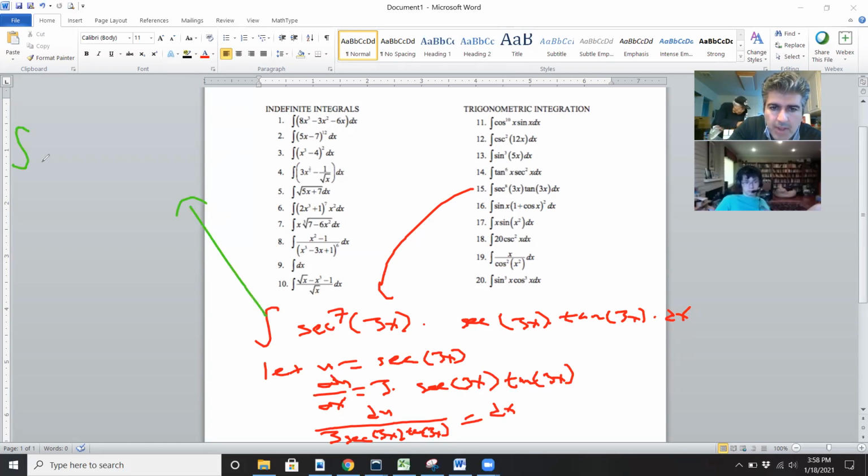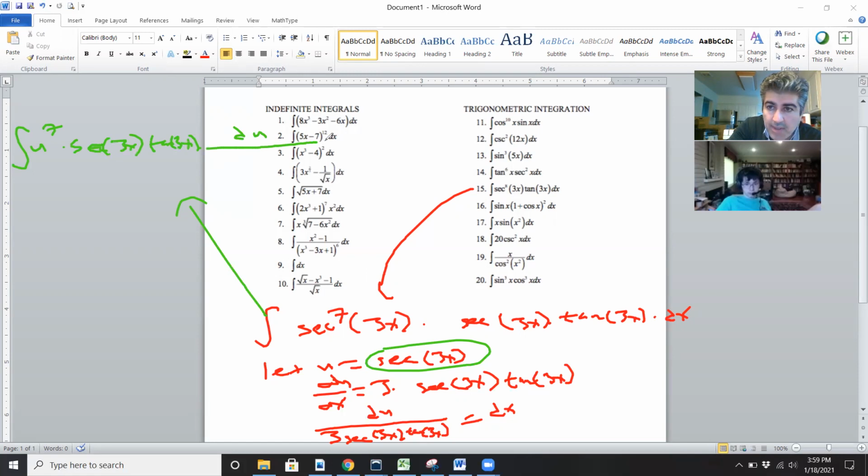So you have the integral of u to the 7th power now, because that's what you're letting u equal. U is set as secant 3x, so it's u to the 7th power, times all that junk, secant 3x, tan 3x, and dx is that giant junk there.